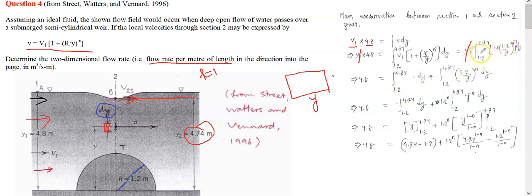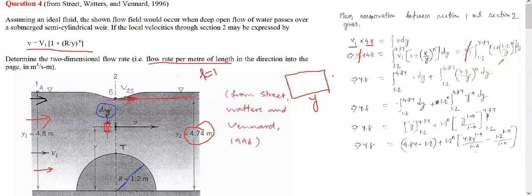Let's say this is 1.2, 4.74, and this 1 and dy. Multiplying this, it will be only dy plus, again the integration with upper limit and lower limit, in the second term 1.2, this is actually the radius, so 1.2 over y and then dy.